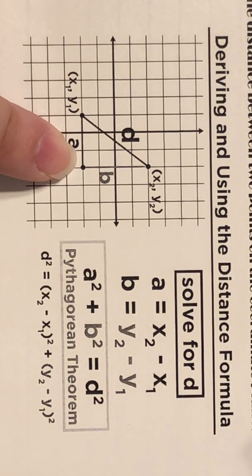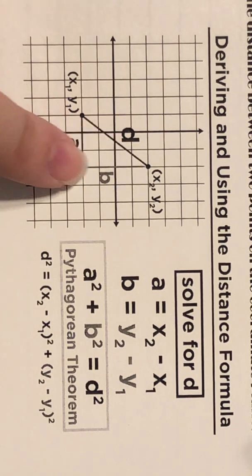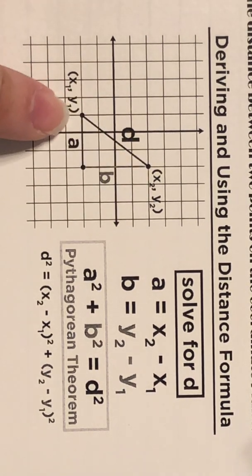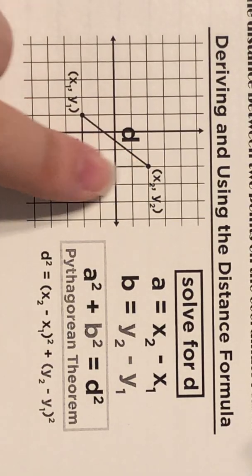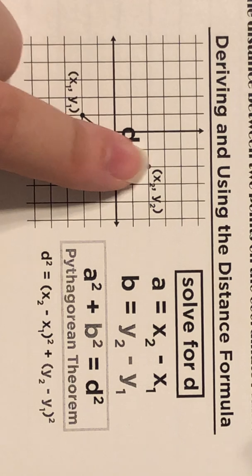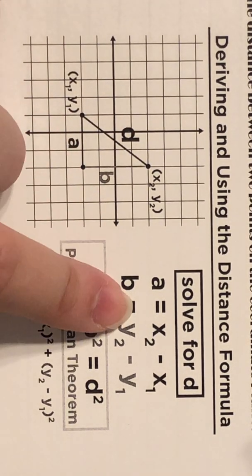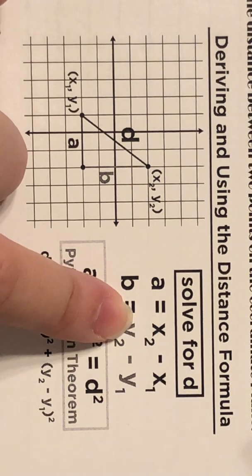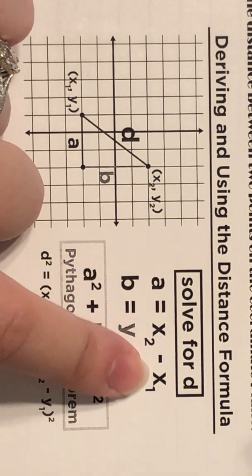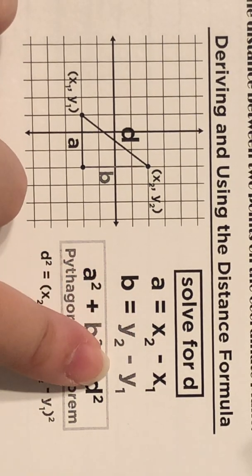I can do the same thing for b. b is my rise, which is what y stands for on my points. So I take my 2 y's and I subtract them, because here's my top point, here's my bottom point. That tells me the distance it's traveled. So x2 minus x1, and y2 minus y1.